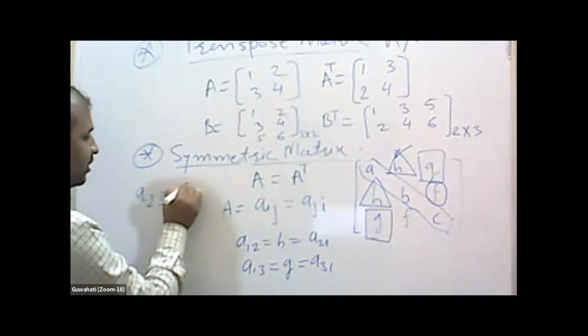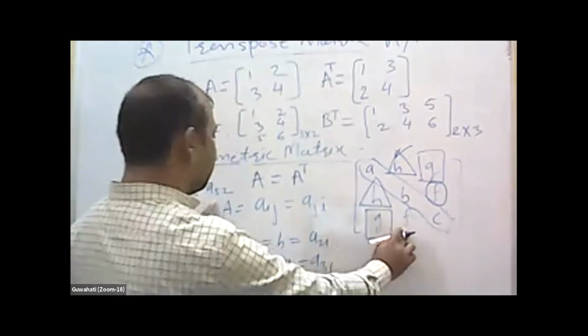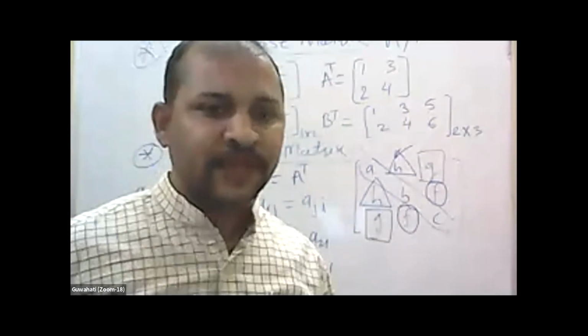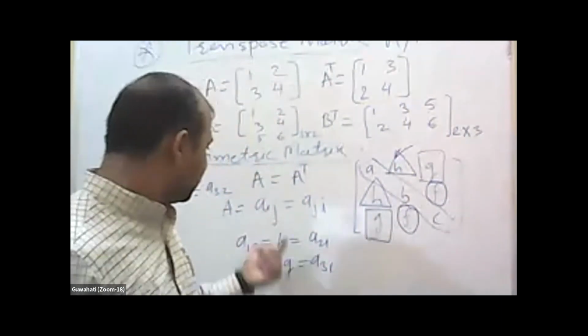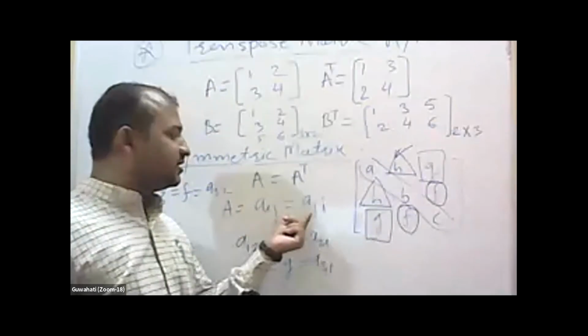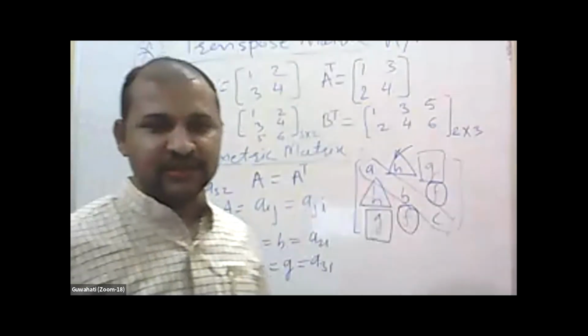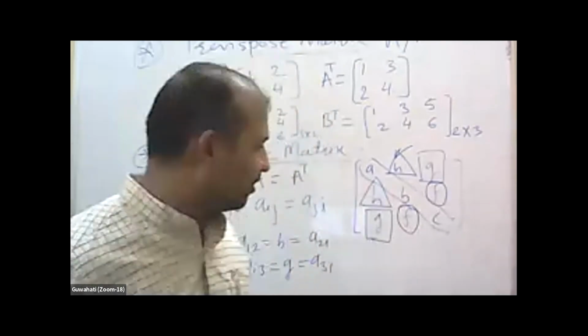This is in the second row, third column, which is F. It should be the same as A32, third row, second column. Yes. So this is an example of a symmetric matrix. If A_ij is the same as A_ji, that kind of matrix we call a symmetric matrix.